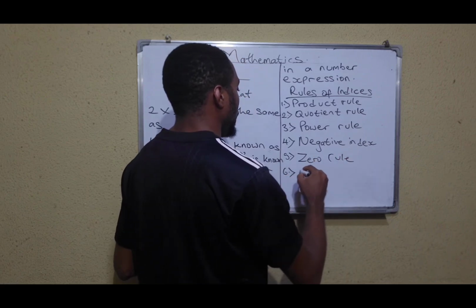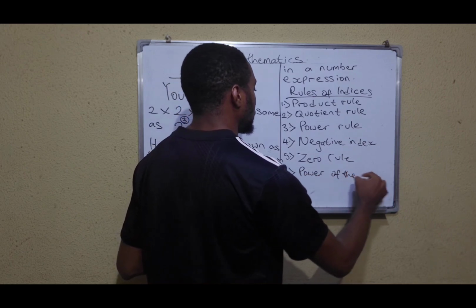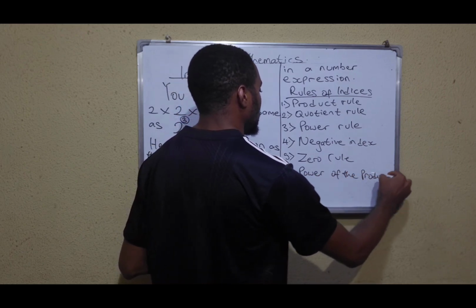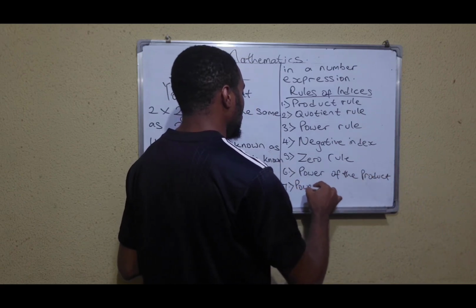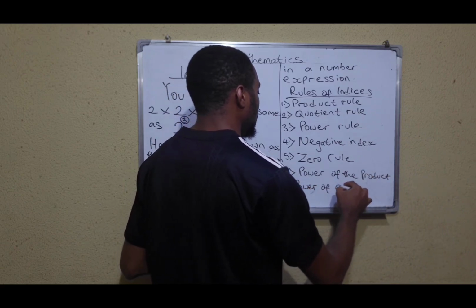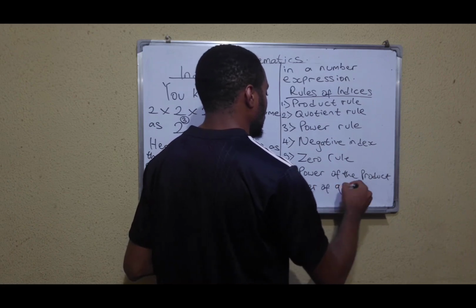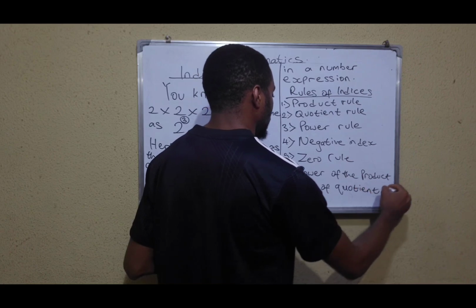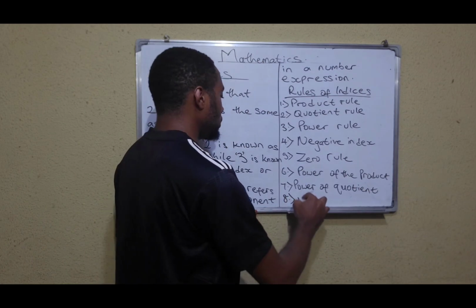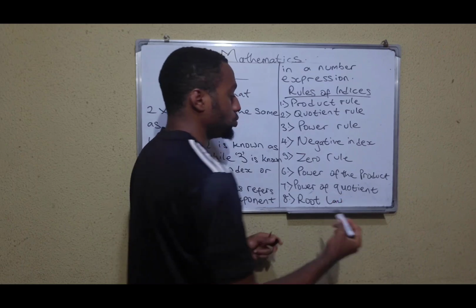Number 6, we have the power of products. Number 7, we have the power of quotients. Also, number 8, the root law or the root rule.